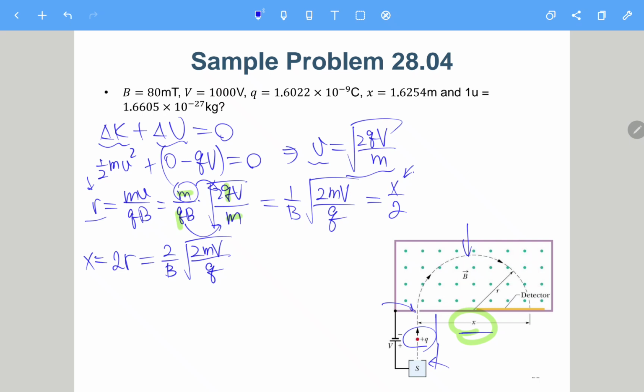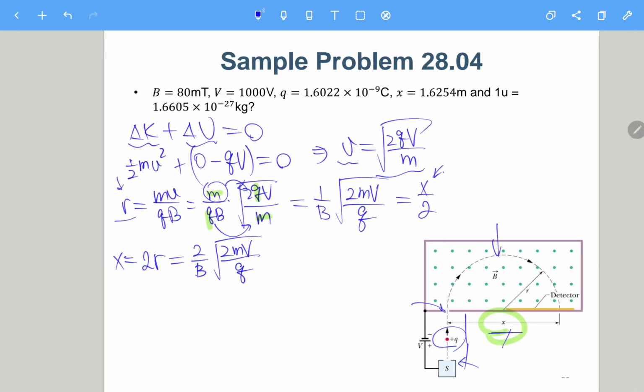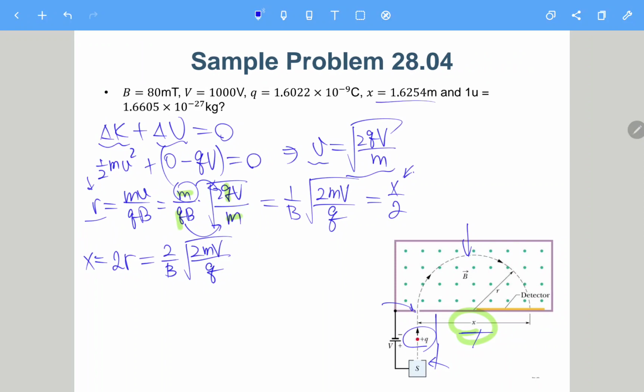And then finally, we would like to find, not x. We are not going to find x because here we already provide x as this value. Finally, we would like to find the mass of the particle.